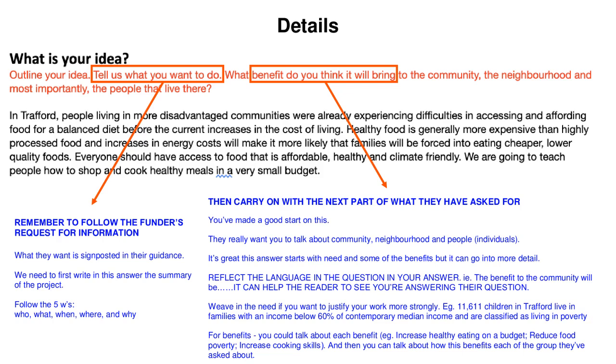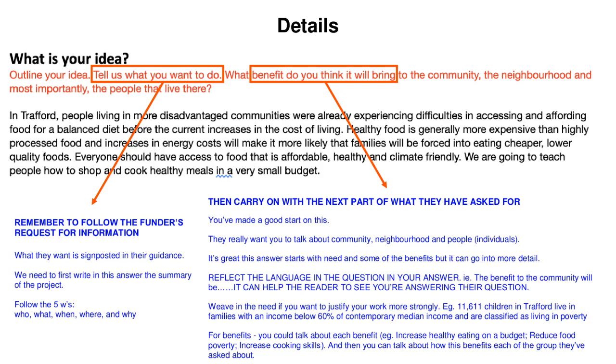And then for the benefits they ask, you can either split this answer up by talking about the different benefits and how that will support the community, or you could split it up by community, neighbourhood, and people, and then talk about all the benefits to them.